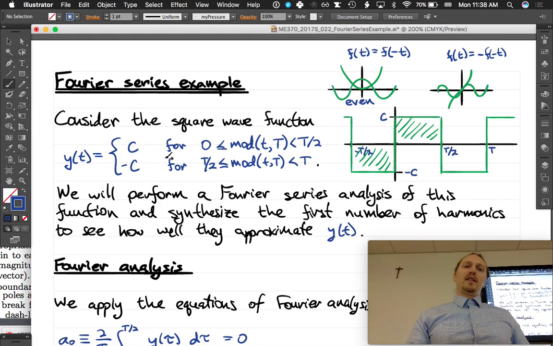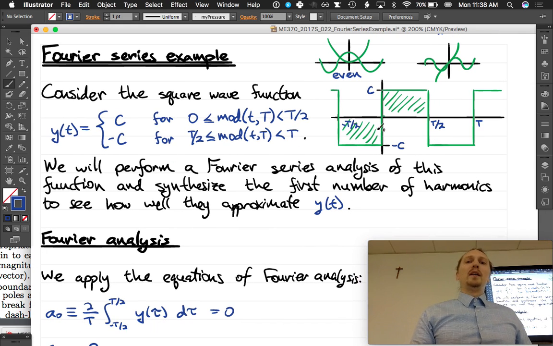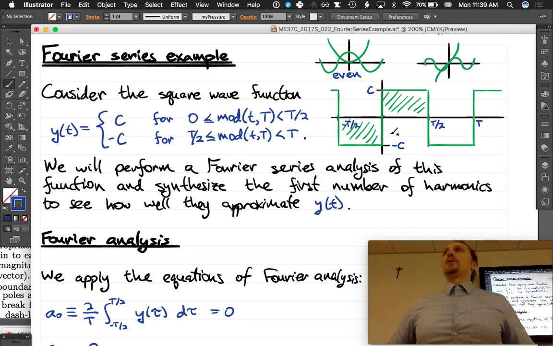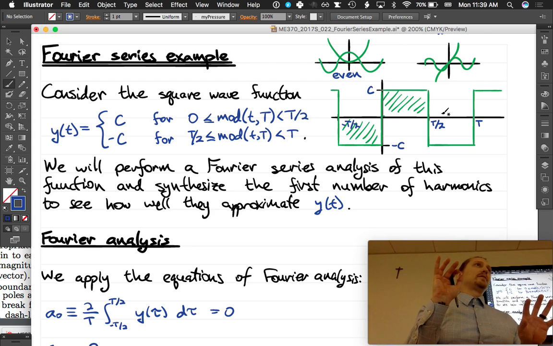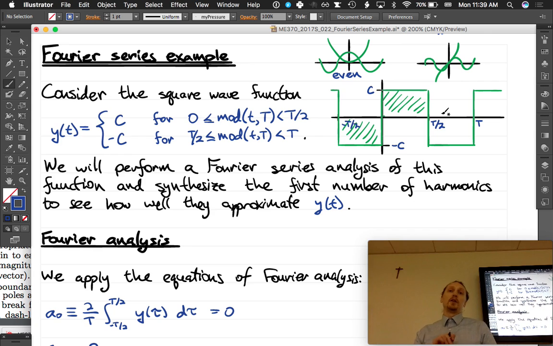Once again, we don't want to integrate through these discontinuities. Let's integrate from negative T over 2 to 0, and then from 0 to T over 2 as our two intervals, and we'll integrate over them separately. Remember, you can always break up an integral like that: you can sum the integral from one spot to another spot with the integral from that spot to the next spot.